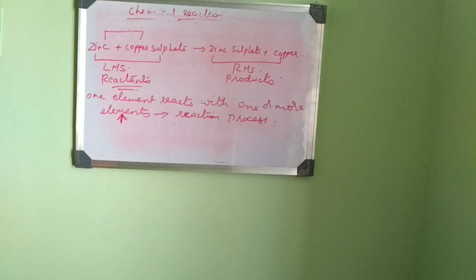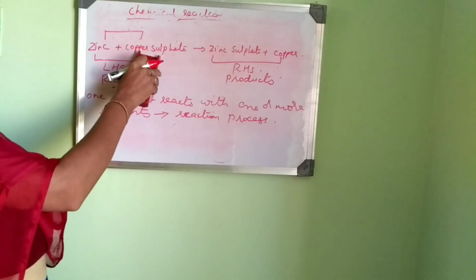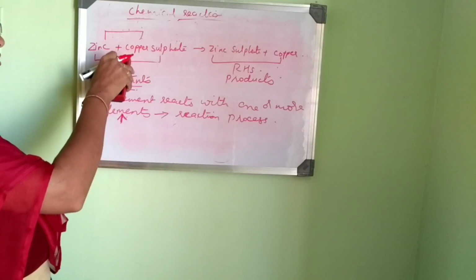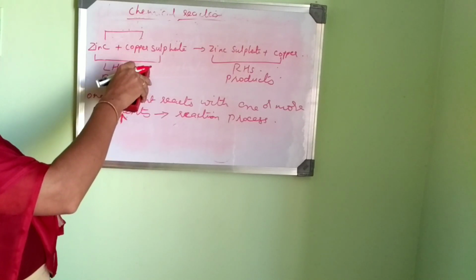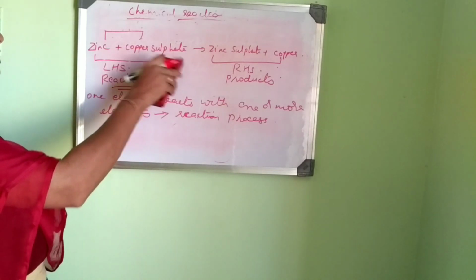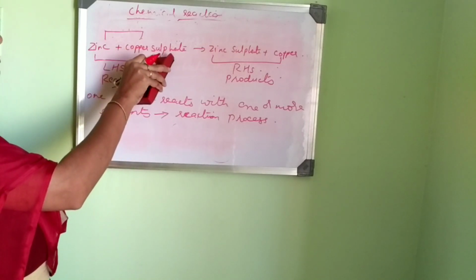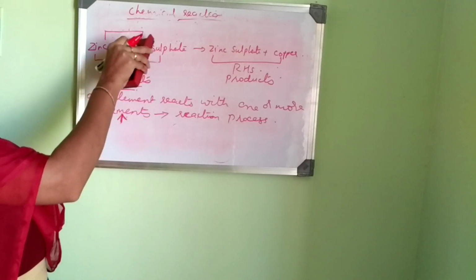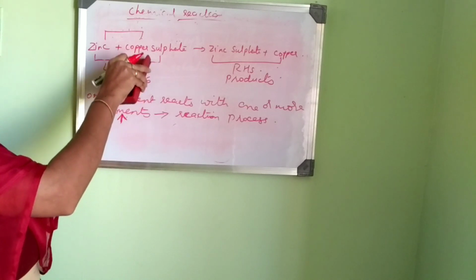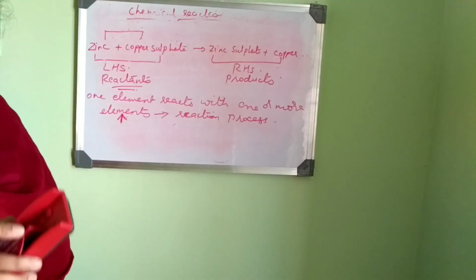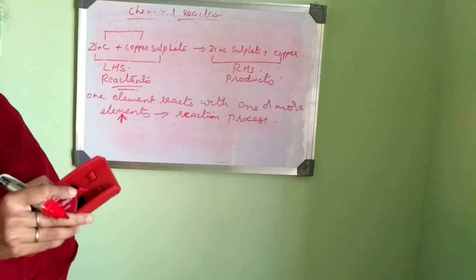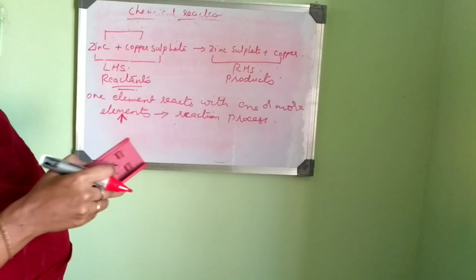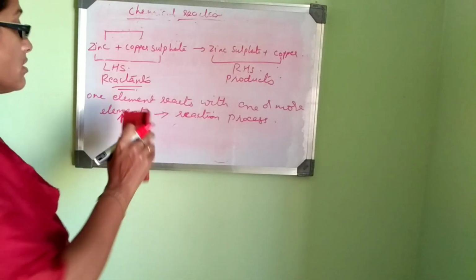The elements involved in the chemical reaction react with one another. Zinc plus copper sulfate together react, and some reaction is going to happen that will give rise to a new substance or a new product. A new substance that is formed with new different properties is known as the products.